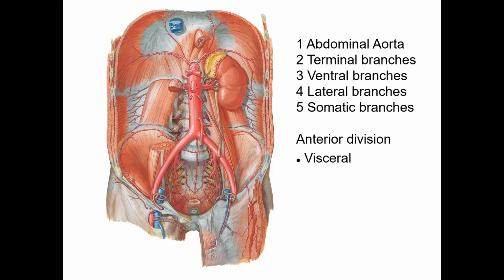Obviously, the prostate is absent in females, so the inferior vesical is also absent in females. Instead, there is an artery called the vaginal artery. There is an additional branch in females called the uterine artery. Obviously, there is no equivalent of this artery in males.